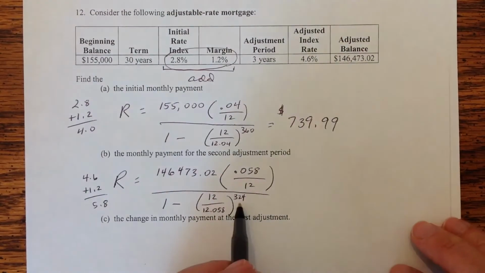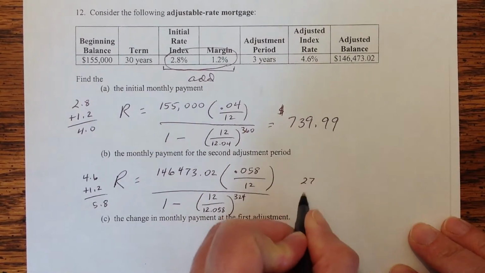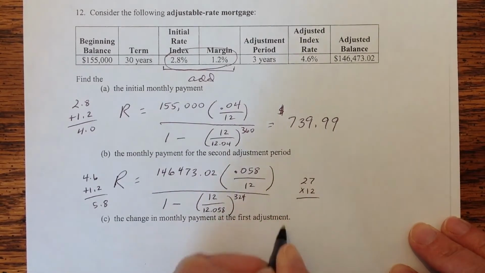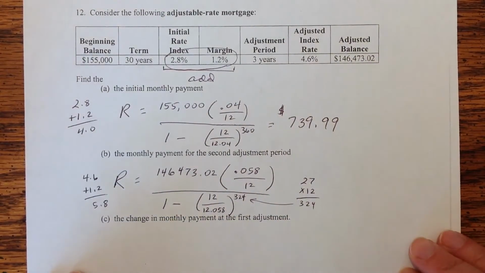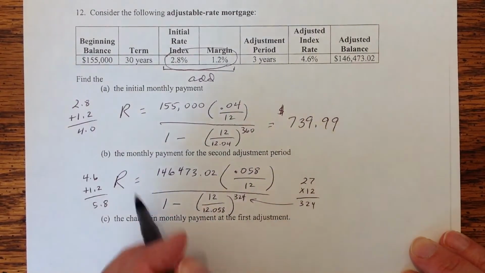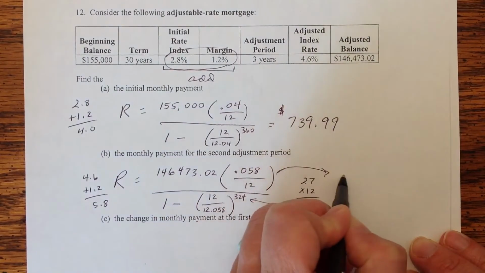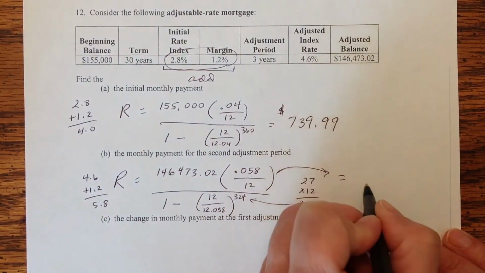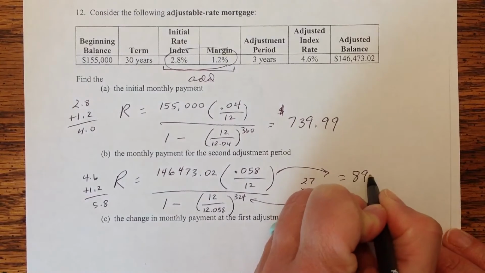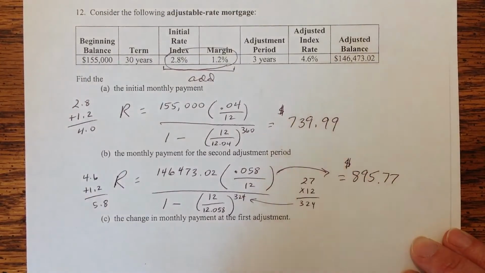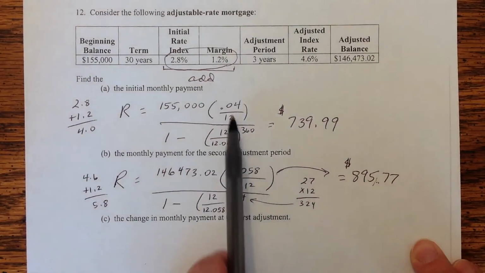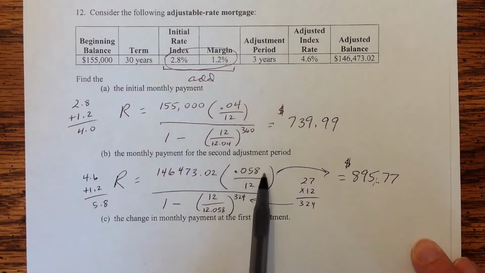So 324 comes by taking 27 times 12. When you work this through your calculator, your answer is going to be $895.77. So it makes sense that your payment went up because you had a jump in interest rate.